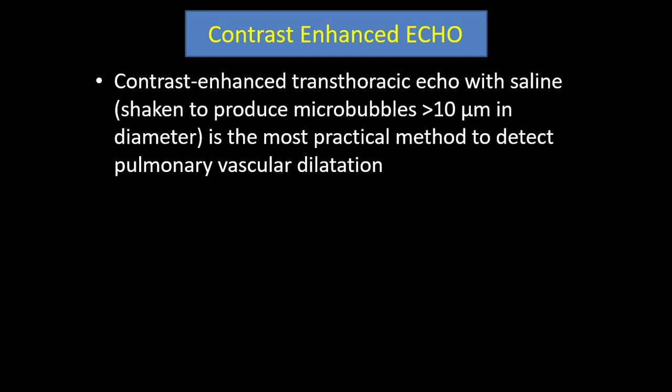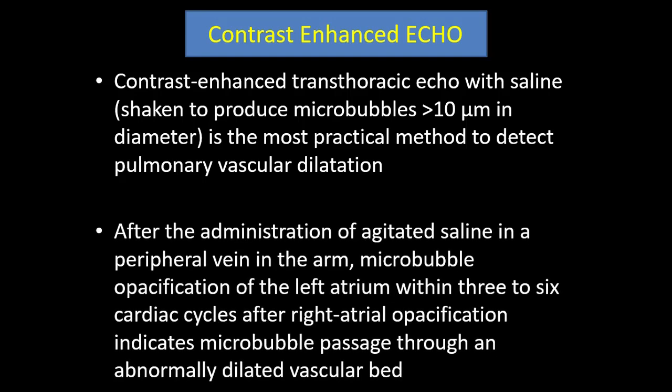Once you have injected it, you do an echo, and within 3 to 6 cycles it will appear on your left side. Once it is appearing on the left side, that means it has crossed the pulmonary bed. The size of the bubbles is around 10 to 15 microns, and because of that, it will only be able to cross once the vessels of the pulmonary bed are dilated. If they are not dilated, it will not cross.